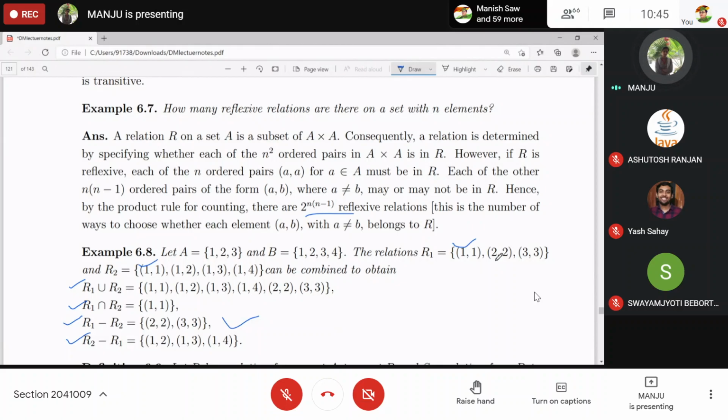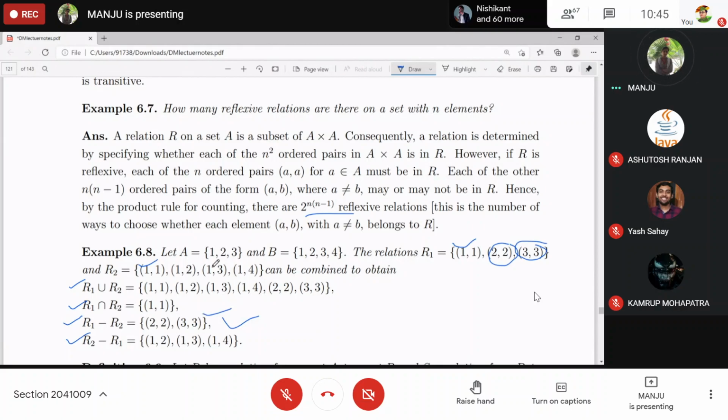R1 minus R2 means the elements which are present in R1 but not in R2. So (1,1) is there. (2,2) is not present in R2, so (2,2). And (3,3). Right? So both will be there.